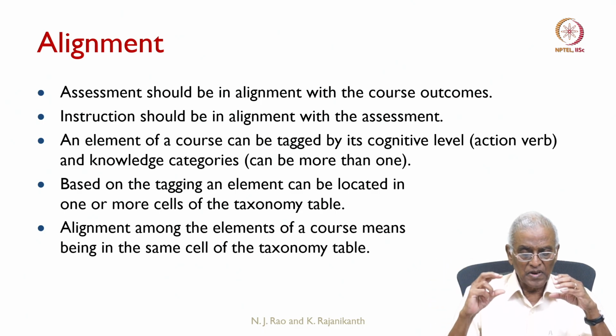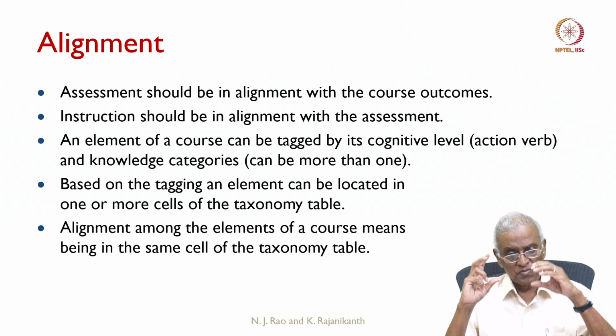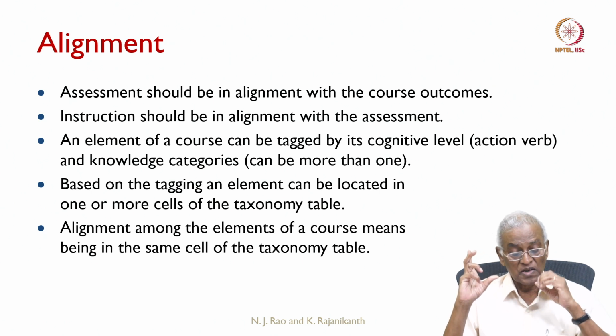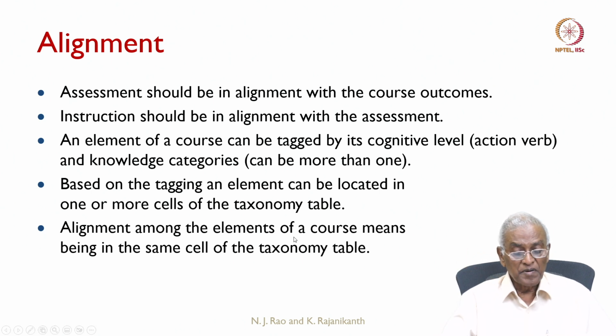If I have multiple action verbs, it will also belong to multiple rows as well. And alignment among elements of a course means being in the same cell of the taxonomy table.